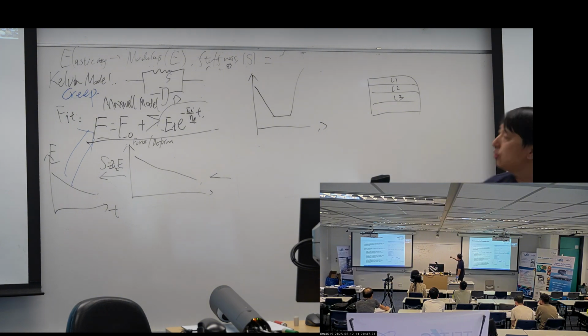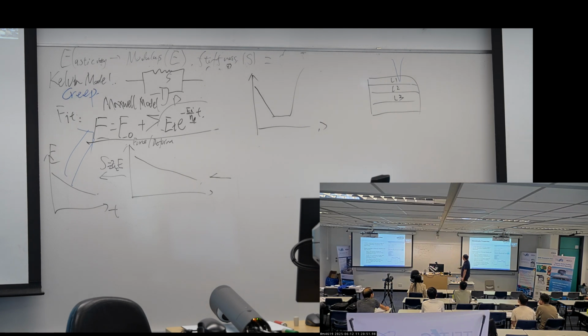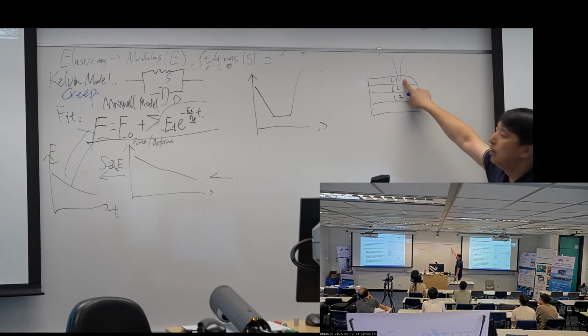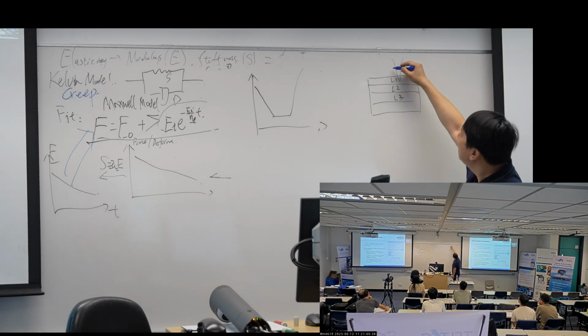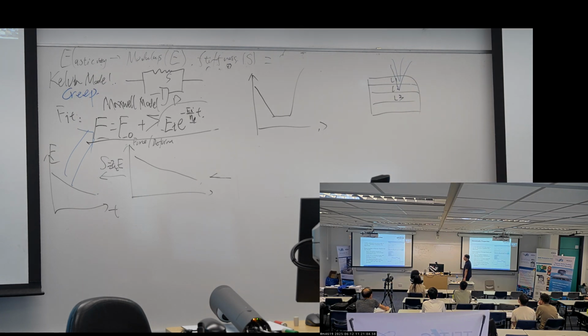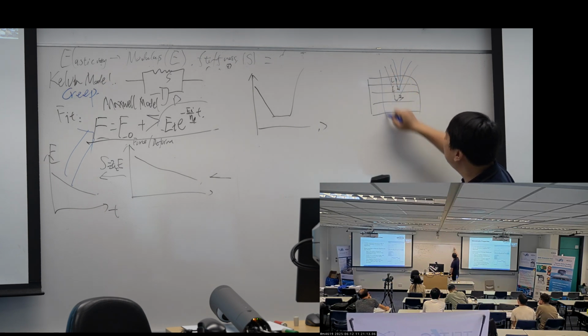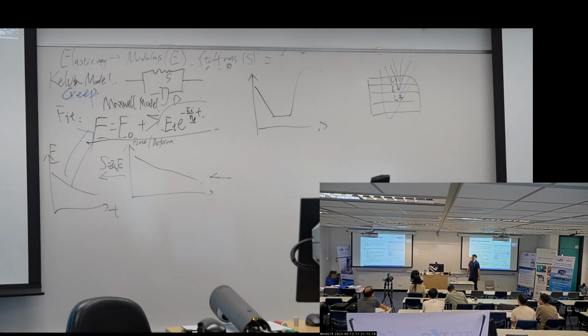So they can use the AFM to indent on the first layer and then hold there to study its properties. Then they indent the probe further into the second layer, hold there, and study the properties. And the third layer, fourth layer, keep going.